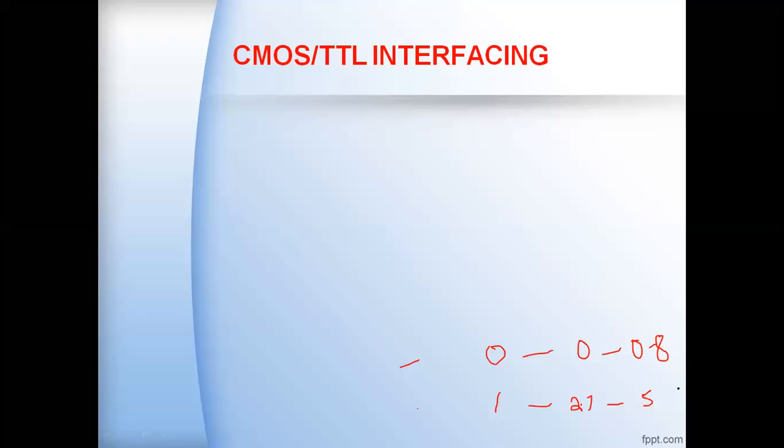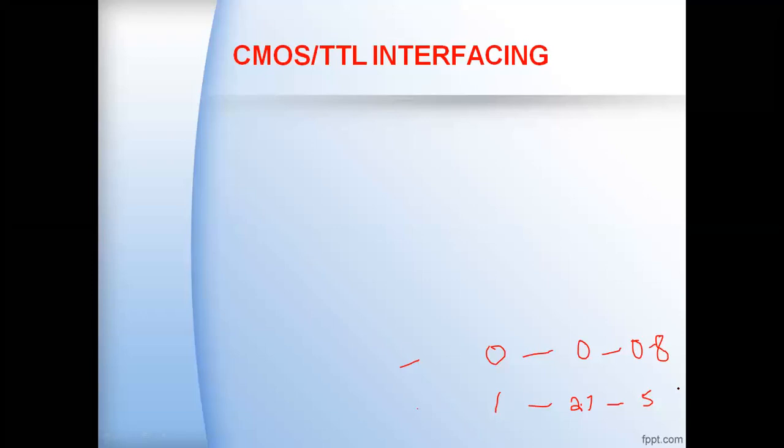Now, to design digital systems or to build digital circuits, we need interfacing. Interfacing is very much essential here. So what is interfacing? Interfacing means connecting one device to another device, one circuit to another circuit, or one system to another system.